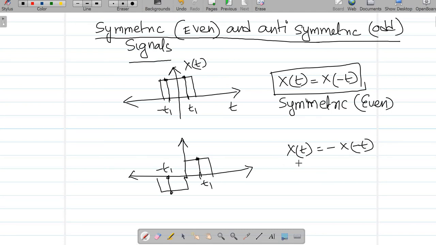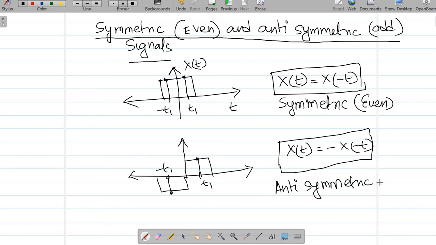What this means is, I take the signal, I do the time reversal, and then I multiply with negative one, and if that quantity is equal to the signal itself, then such a signal is known as an antisymmetric signal, or odd. So this is yet another classification of the signals.